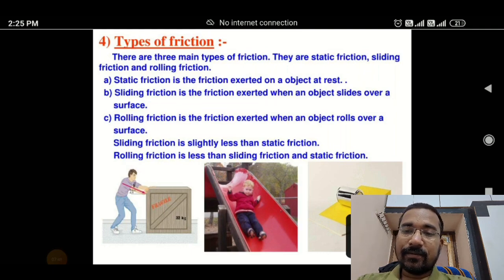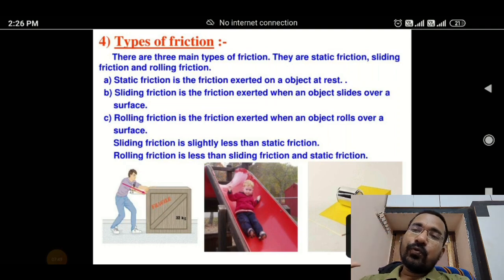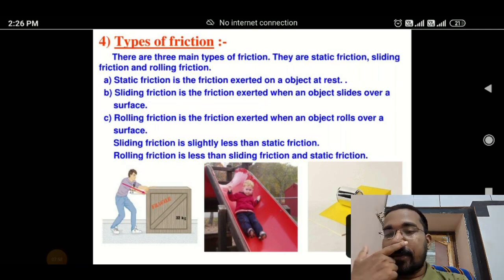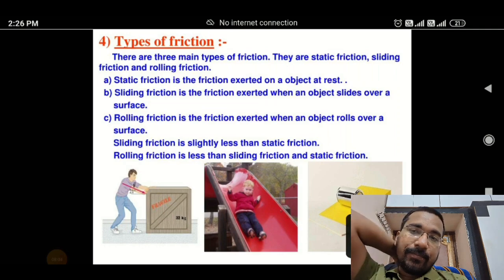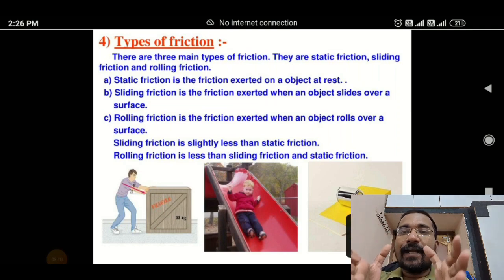Okay, here if we just put a thing and it is at rest, we have to push it harder to move. When we move it, first the question: which force will we apply more, when the object is static or when the object is moving?